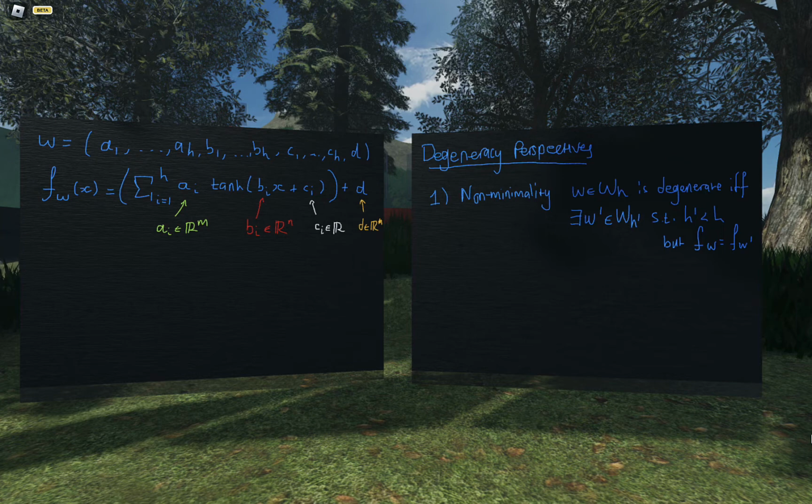So a functionally equivalent parameter W prime exists in a smaller architecture. If you call an architecture smaller if it is defined on networks with fewer hidden units than we started with.